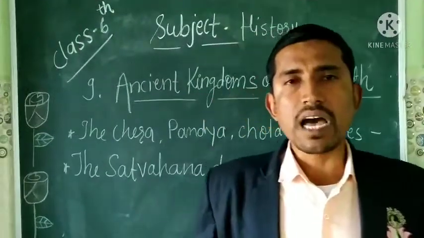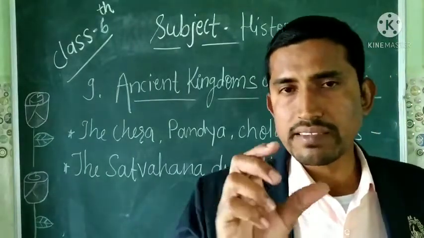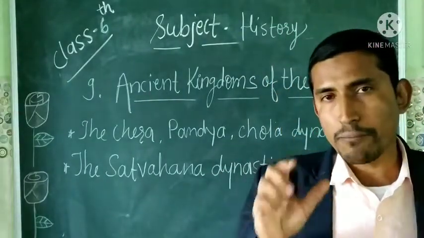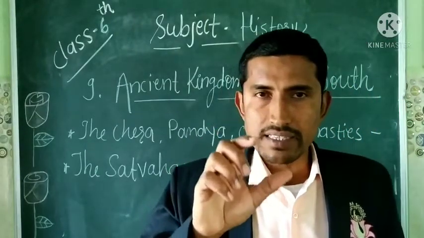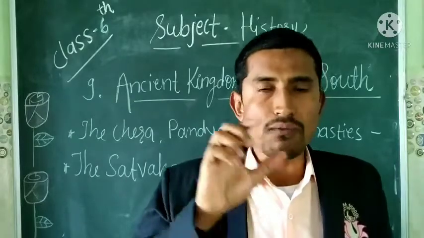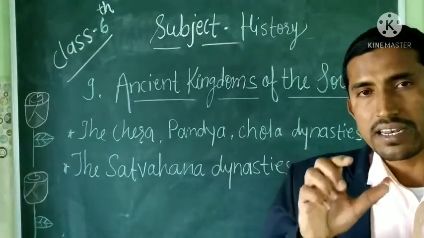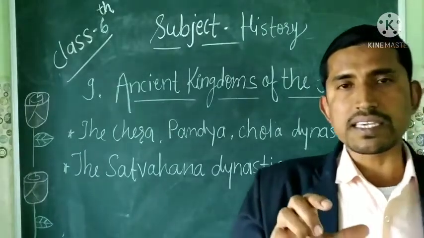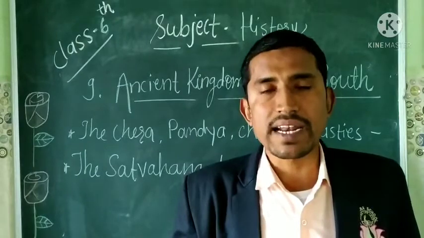So students, now Junnar is a famous taluka in Pune district. In Junnar taluka there is an inscription in the caves of Naneghat, and this inscription bears the names of famous kings of the Satvahana dynasty.